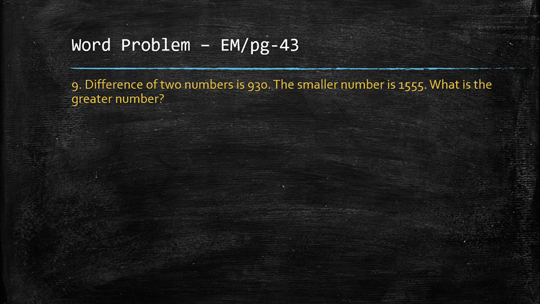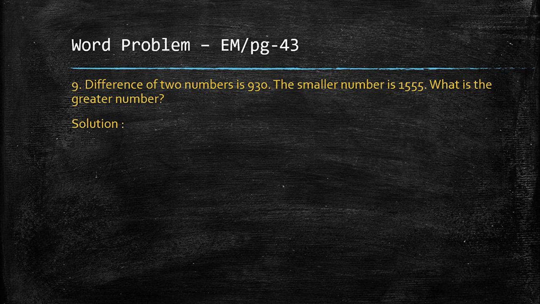Should I subtract or should I add them? As this is the smaller number and this is the difference, if we add the difference to the smaller number, this is how we can find the greater number, right? So let's get started for the solution.